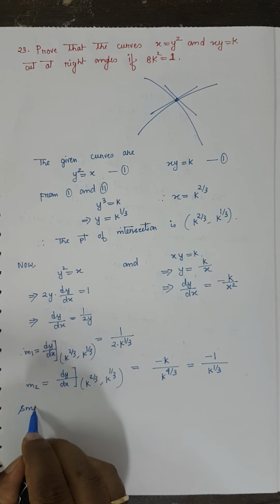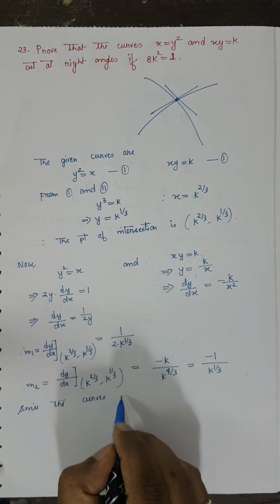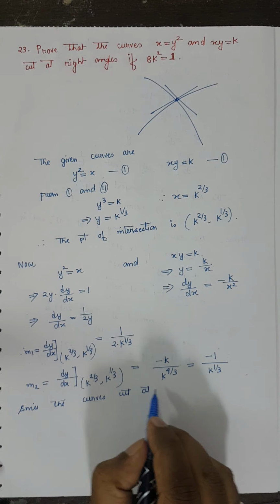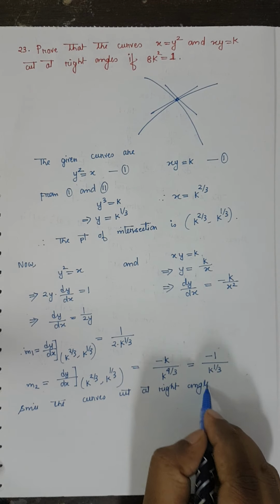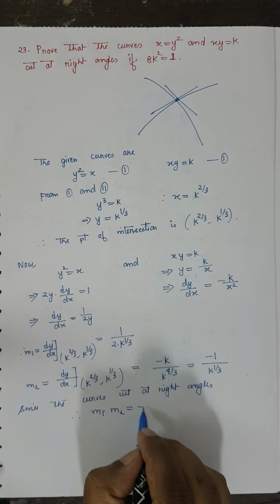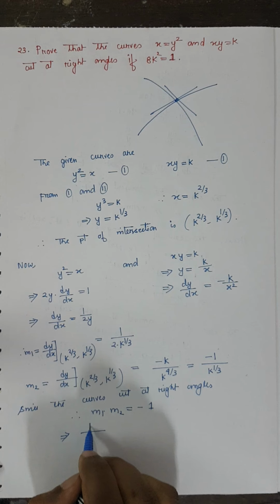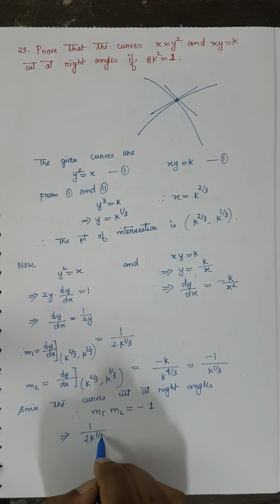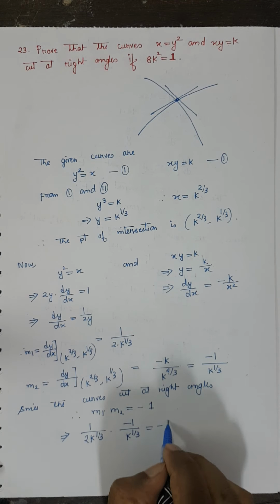Since the curves cut at right angles, therefore m1 into m2 is equal to minus 1. So the value of m1 is 1 by 2 into k to the power 1 by 3, and the value of m2 is minus 1 by k to the power 1 by 3, and the product is equal to minus 1.